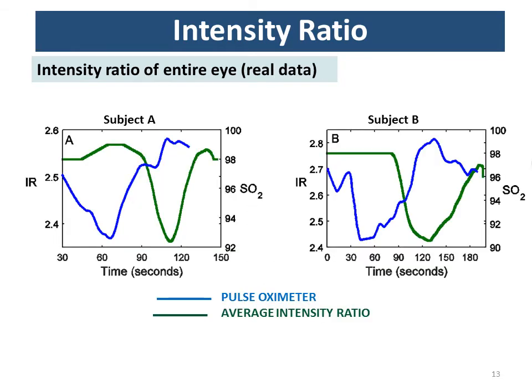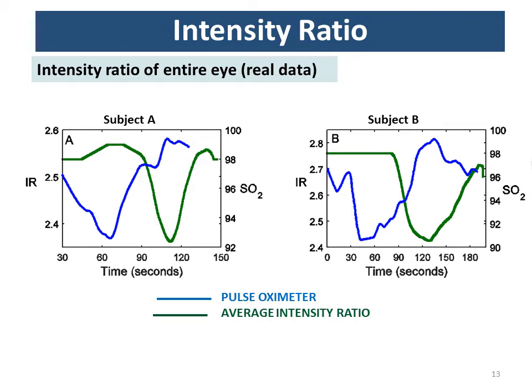afterwards. And this is some data from real subjects. The blue line is, sorry, I've got this label the wrong way around. The blue line is the intensity ratio of the eye. The green line is fingertip pulse oximeter data. So we see the decrease in intensity ratio in the eye first before we see it in the fingertip pulse oximeter, as one would expect.